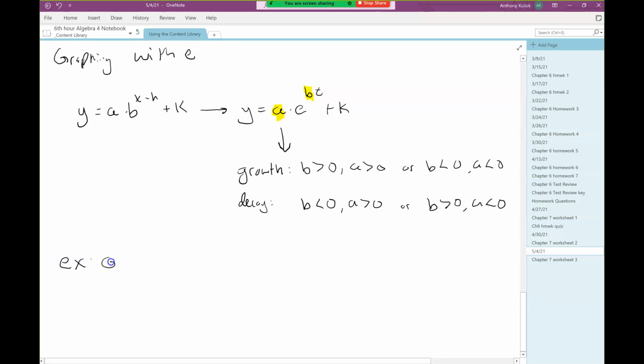So let's say that we wanted to graph this. I don't know why I wrote a T there.